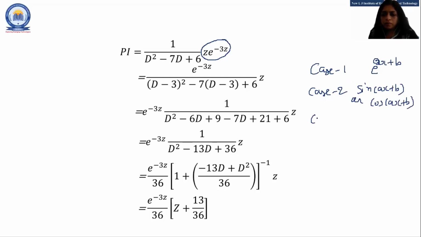Case 3, that is x to the power m or polynomial in x. Case 4, that is e raised to x into sine ax plus b, or e raised to x into v. What does it mean? V is a function of x. So v is sine or cos or only x.